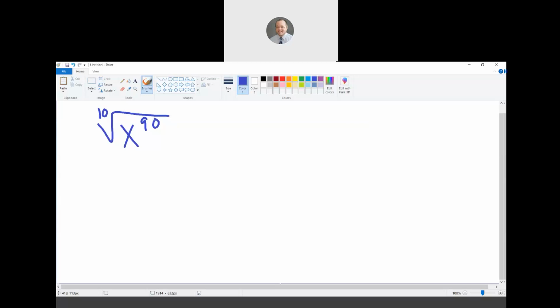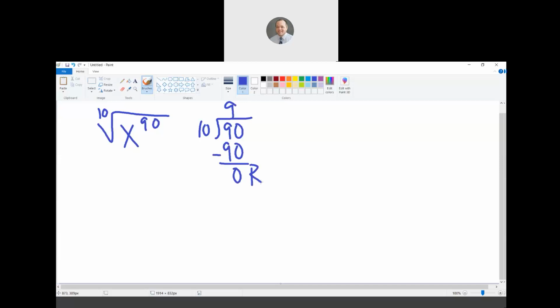The simplest way to break down a radical is take your root and divide it into your given exponent. So 10 can go into 90 9 times with a 0 remainder.